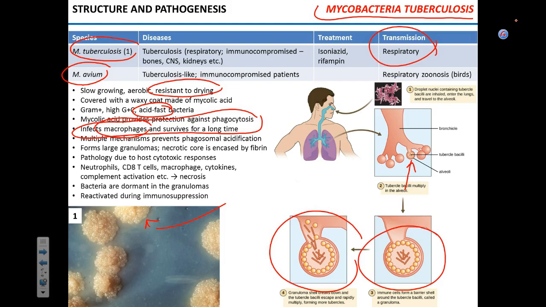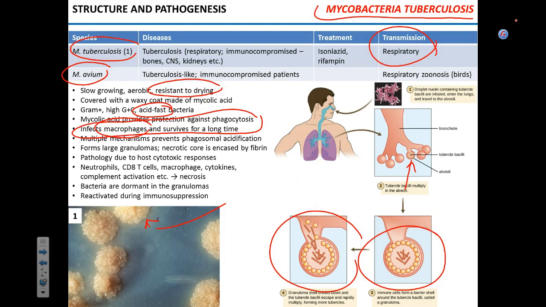Why does it form a granuloma? Here's what happens. Bacteria infect alveolar macrophages, and alveolar macrophages, upon the infection, start to produce a variety of inflammatory molecules that attract other human immune cells, like T cells, neutrophils. So far, does that make sense?